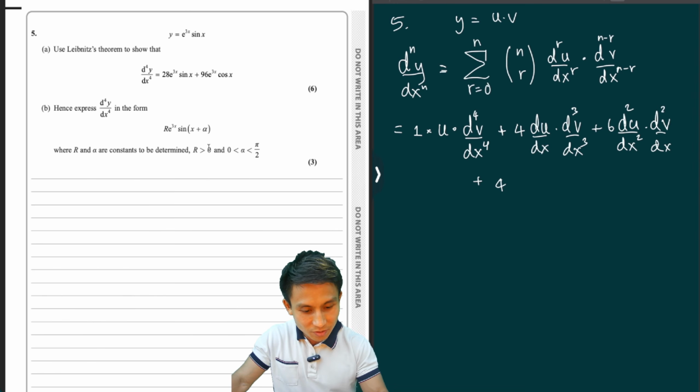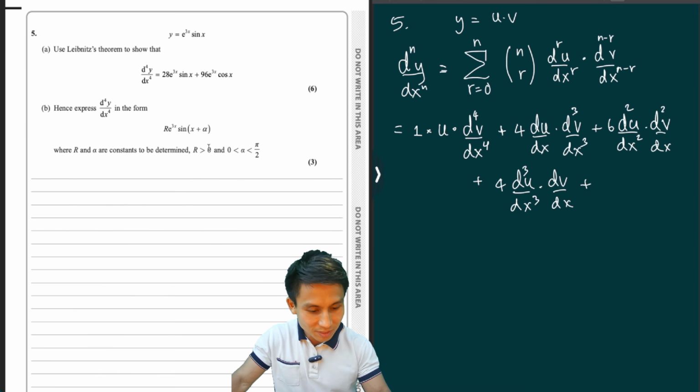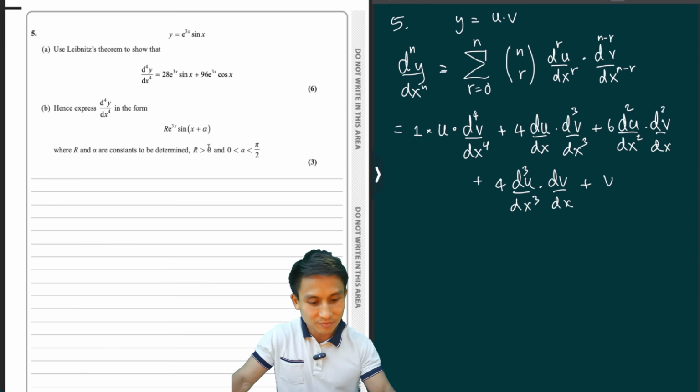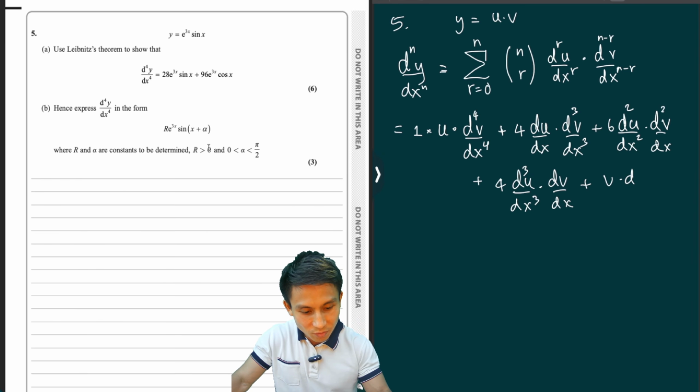Next one is 4, and the u will become the third order, but the v will be just the first order. And the last term is, I guess, just v, right? And now the u will be the fourth order. Yeah, so we should swap the term there, like that.